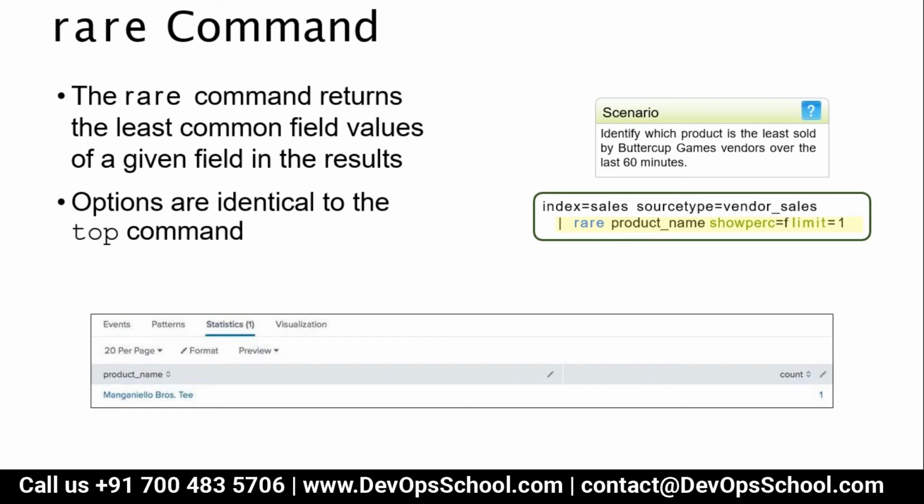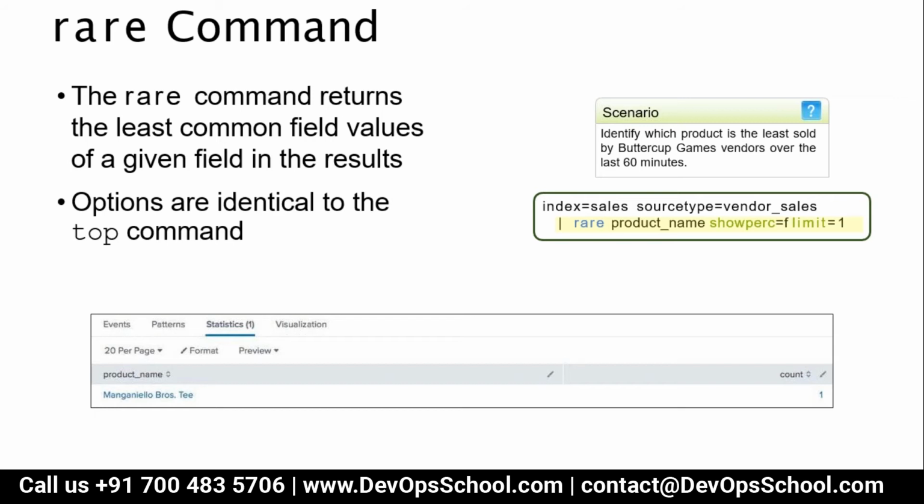So now the scenario is very simple. Read this please. Identify which product is least sold by Buttercup Games vendor over the last 60 minutes. That means you want to identify which product is least sold by this vendor over the last 60 minutes. You want to know that, so you can find, okay, this product is not very popular, or some sort of analytical knowledge you get.